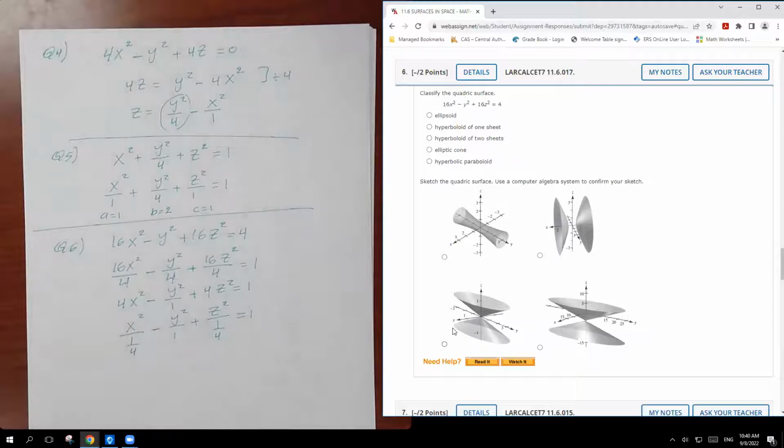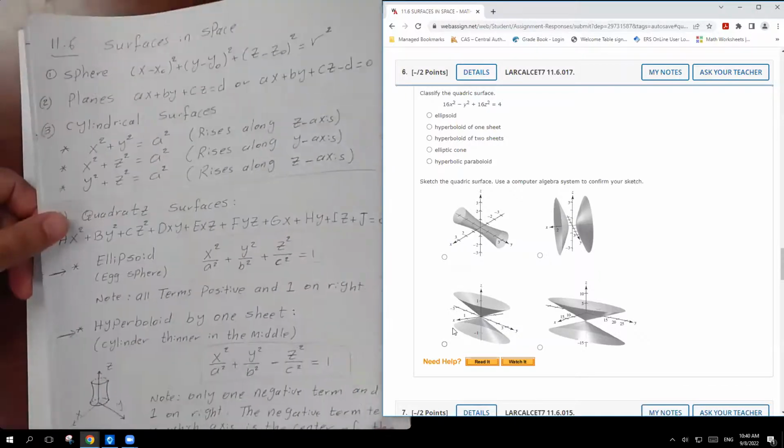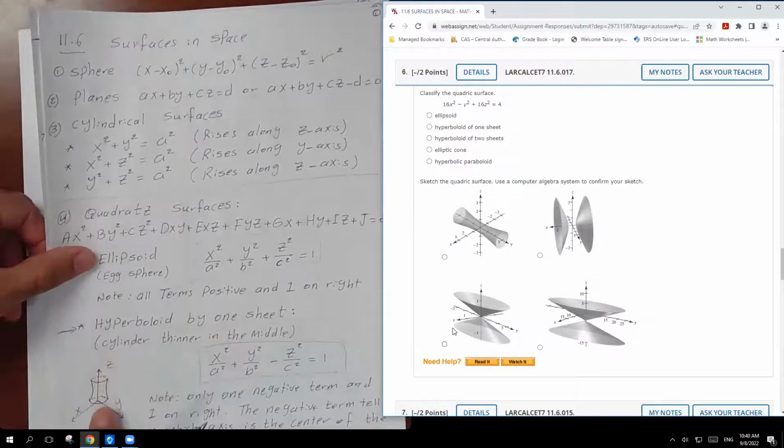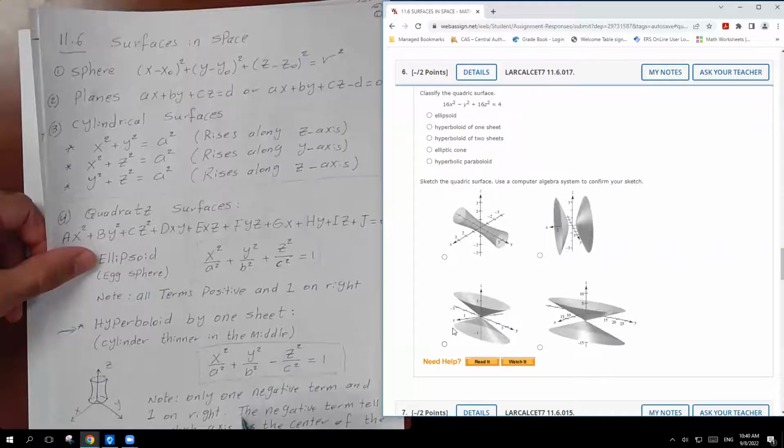Now let's look. I have only one negative term. That means it's a cylinder, a hyperboloid of one sheet. The negative term tells you which axis is going to be the center of the cylinder.